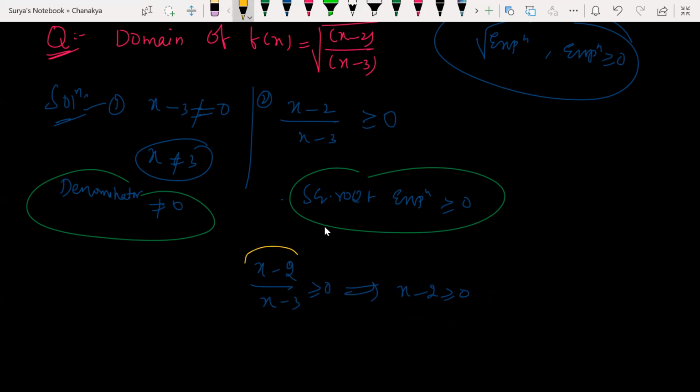So x minus 2 divided by x minus 3, this entire thing is one expression that should be greater than or equal to 0. But for the denominator part, you can't multiply it by 0. Sometimes we do it like this, right? Here the entire expression is greater than or equal to 0. You can't do that. Be careful here. Clear?